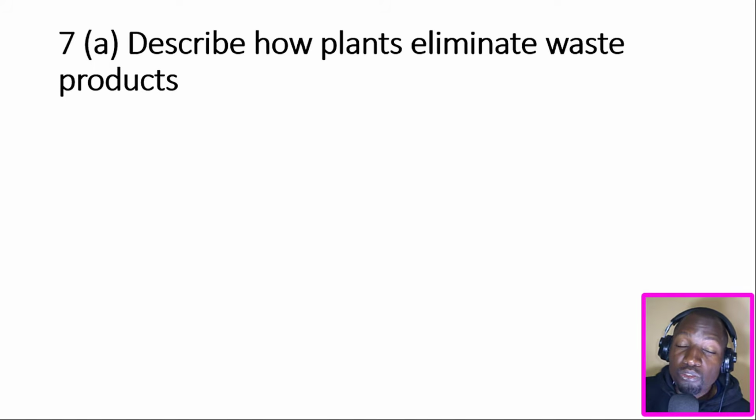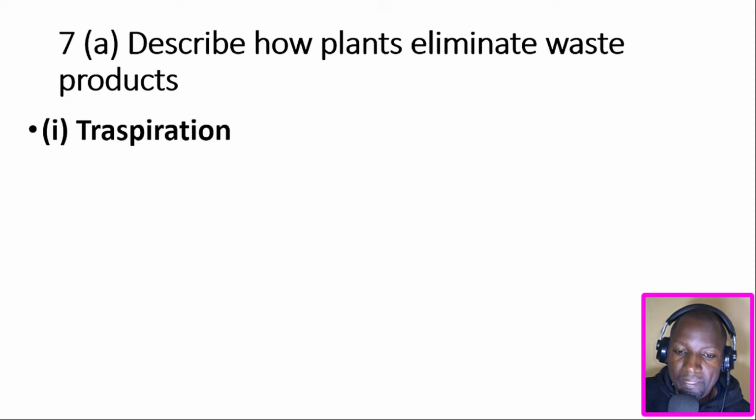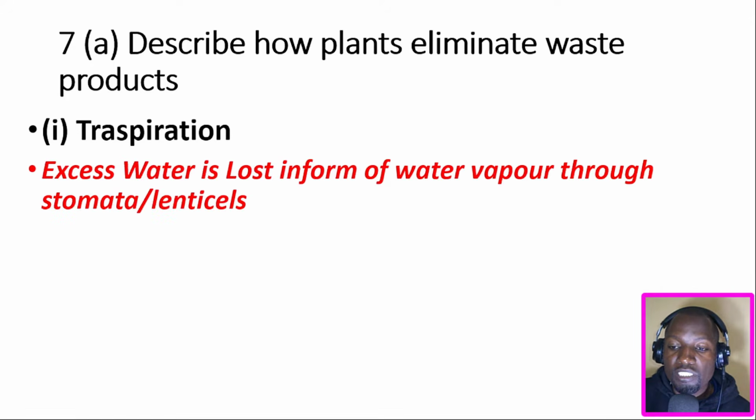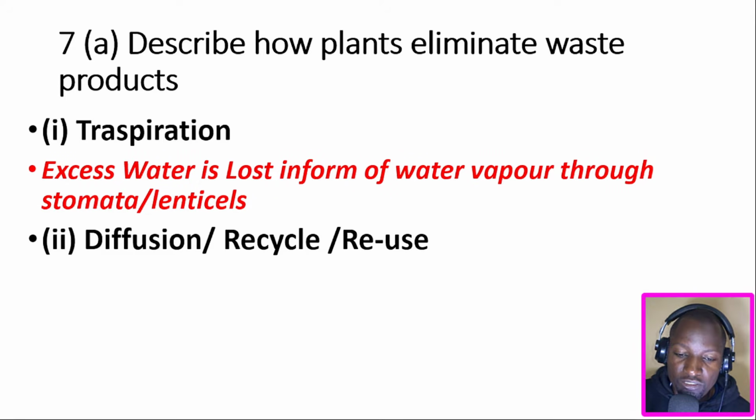For question number 7A, the first one is through transpiration. Here I'm talking about excess water, which is lost in the form of water vapor through the stomata and also through the lenticels. That's number one. Number two is diffusion, or what we call recycling or reuse.